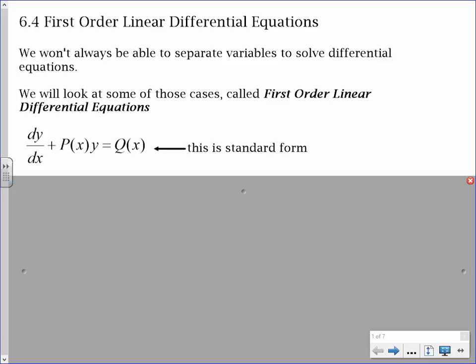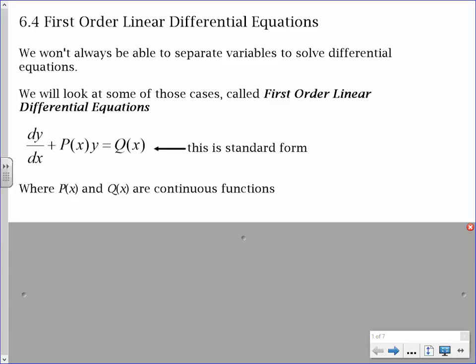We're going to have dy dx plus a function times y equals another function. What is important about P and Q is that they are continuous functions. If they're not continuous, we can't do this. Okay, you can notice right now that separating our variables is not going to be an option.